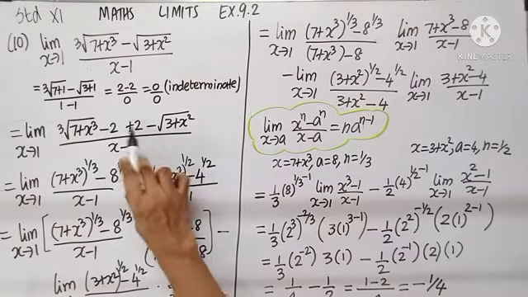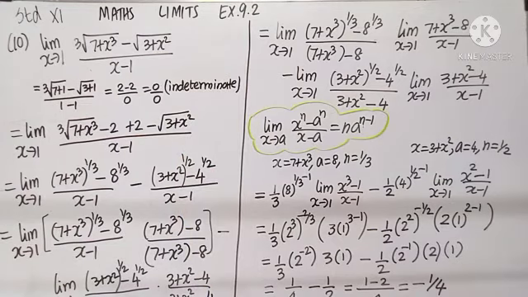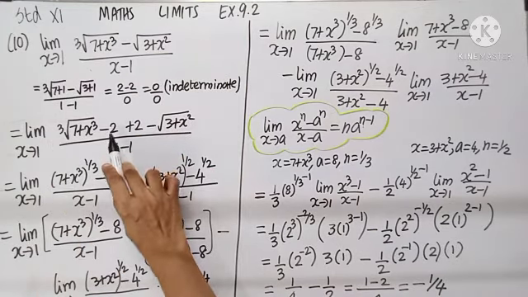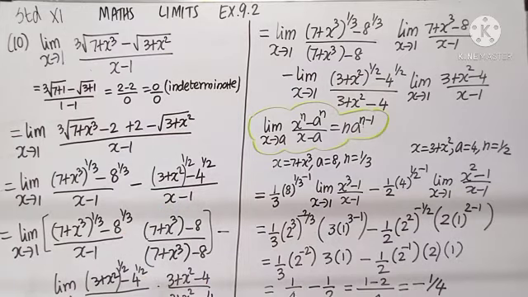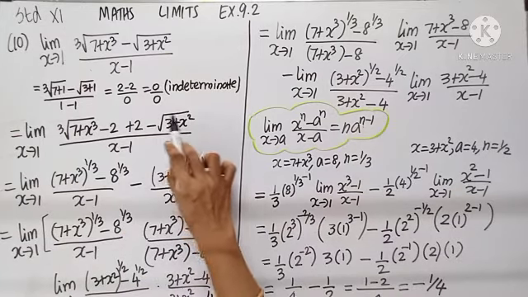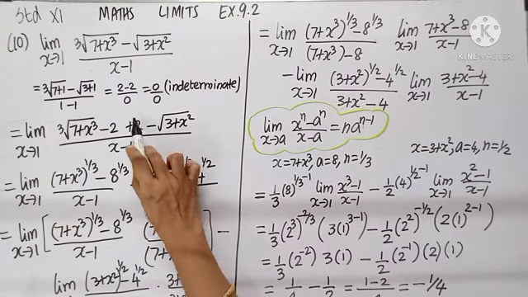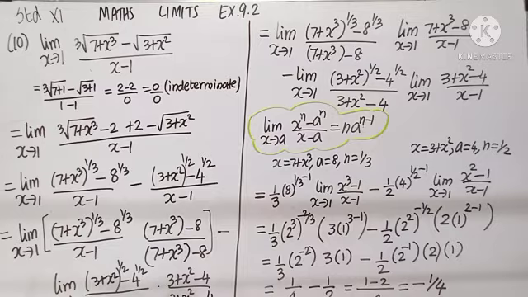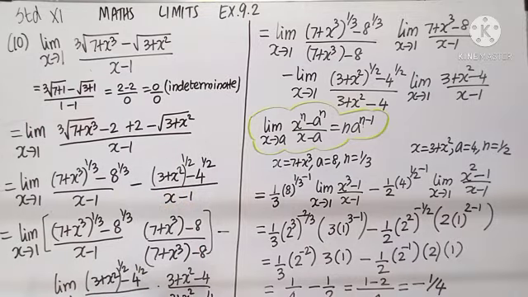If I take minus common, this also will be minus here. Here I have cube root. So 8 can be written as cube root to attain 2. Here I have square root. So which square root gives me 2? 4. So this 2 is written as 4 power 1 by 2. Whereas this 2 is written as 8 power 1 by 3.